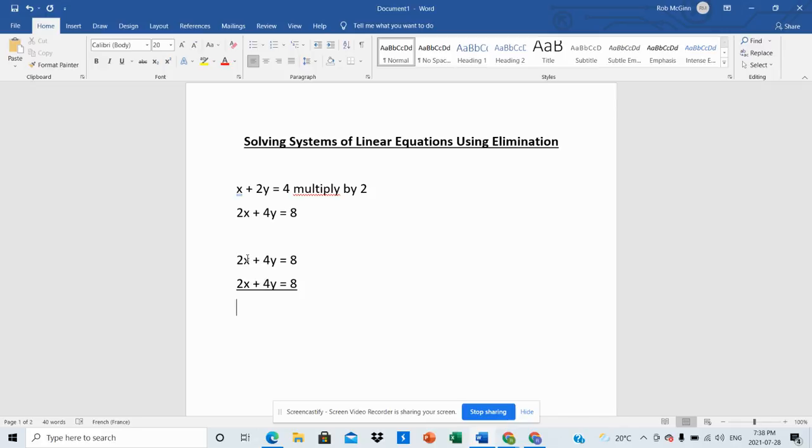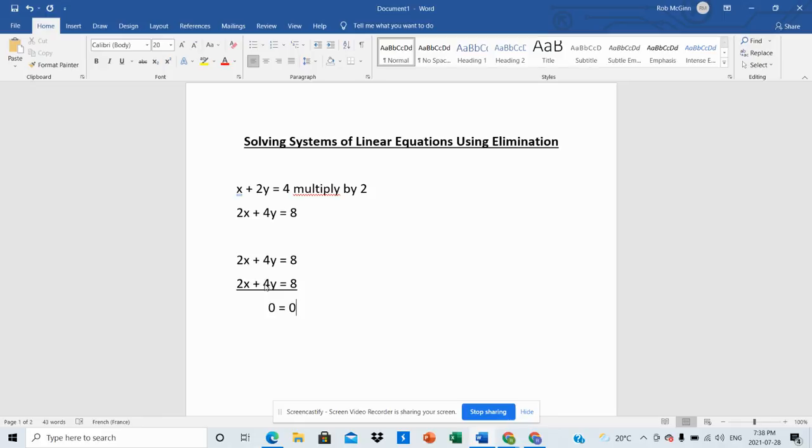So 2x minus 2x is going to be 0. Our x's are eliminated. But 4y minus 4y is also going to give us 0. So I'm just going to put 0 on the left-hand side. Now, on the right-hand side, we've got 8 minus 8, which also equals 0. So what we're seeing here is this is actually true. 0 equals 0.